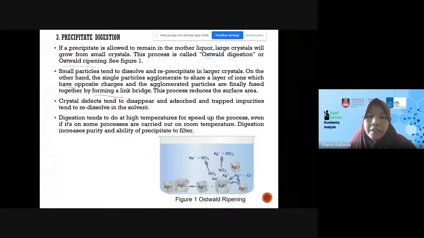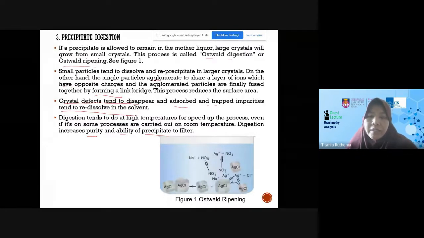And if the surface area is reduced, then crystal defects tend to disappear, and also the adsorbed and trapped impurities tend to redissolve in the solvent. This digestion process tends to be done at high temperature to speed up the process, or we also can do it at room temperature. And the digestion will increase purity and filterability so that we will get a filterable precipitate.